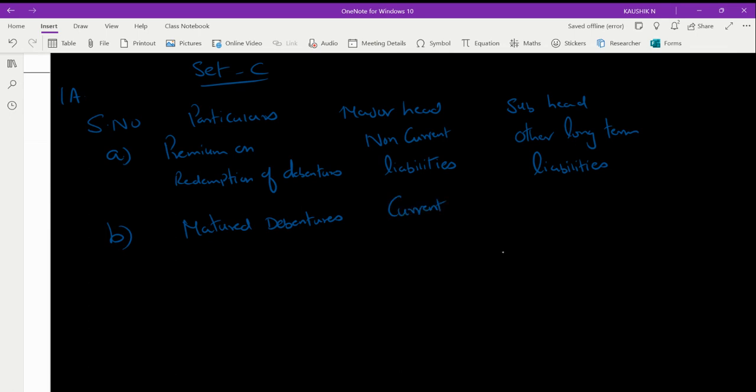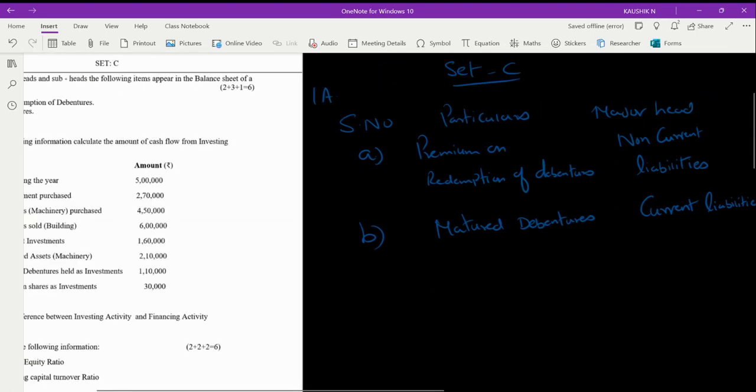Major head will be current liabilities, and then it will be under the subhead as other current liabilities. It is going to be under the head of other current liabilities. Then you can close the table. So you can just put a box and write the first answer in such a way.